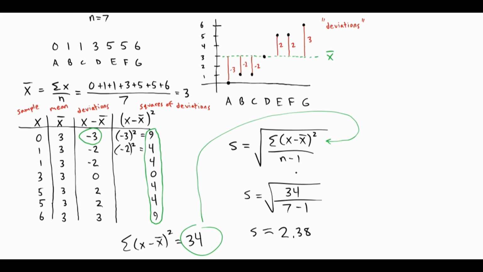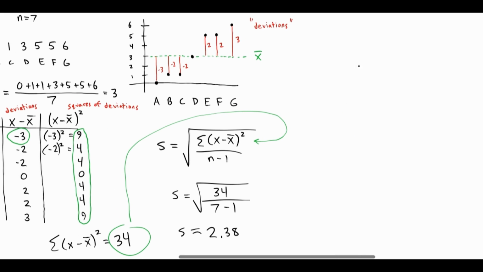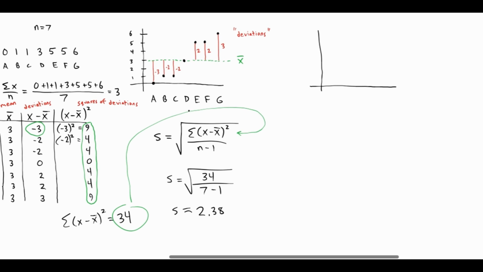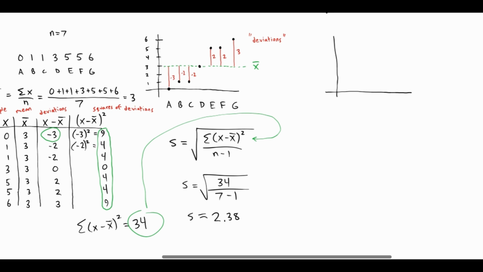Now there's one more picture that we'd like to draw for this, and that is a frequency histogram. Alright, so in a frequency histogram, we want a bar graph showing the data.